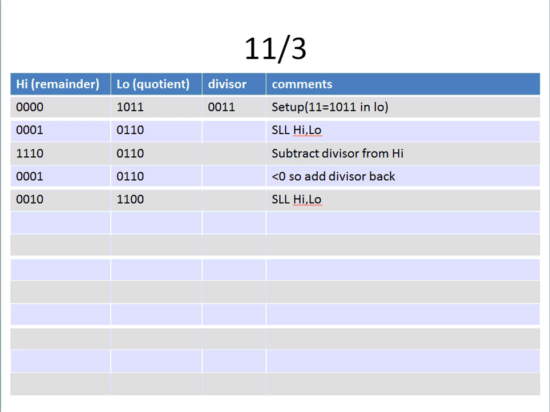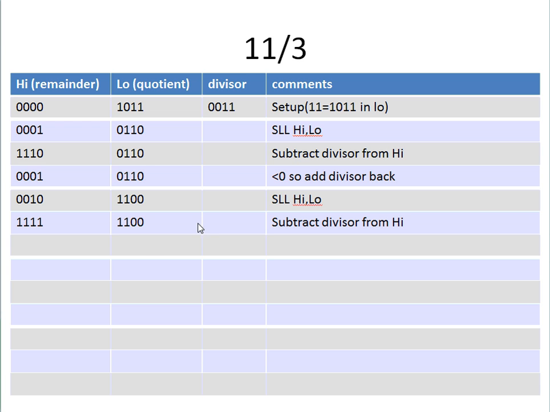So the second bit. I've kind of broken it up into 1, 2, 3, 4 little regions, you can see the white lines, because it's 4-bit numbers. So you do this the same number of times as you have bits. So I need to shift left, the 1 moves over, the 0 from here comes in, and then the 1, 1, 0 goes over and 0 comes in, because it's a shift left logical.